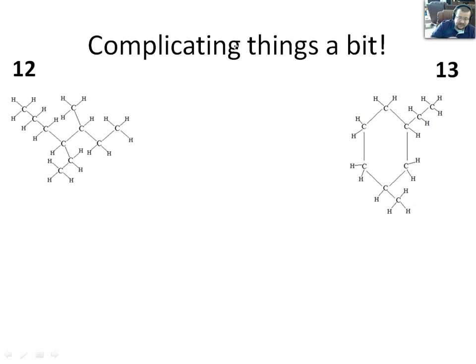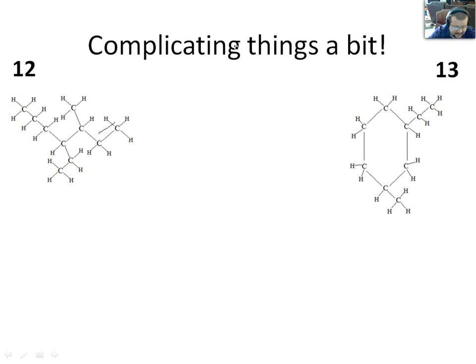Alright, kicking it up just a notch. We'll do these together. We've got to be able to pick out our main chain or parent chain, and then ID substituents that are hanging off. 1, 2, 3. Try counting in a few different directions just to see what the longest chain is that you can identify.